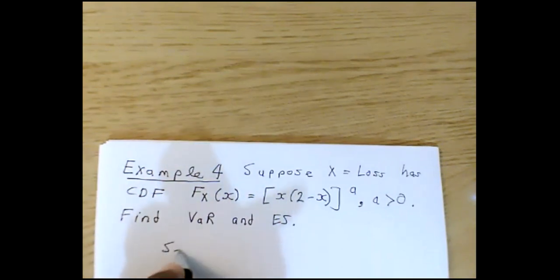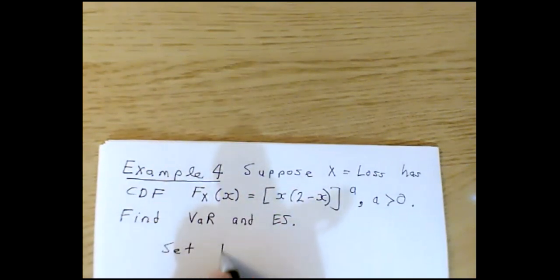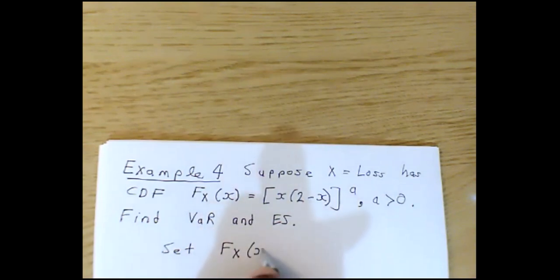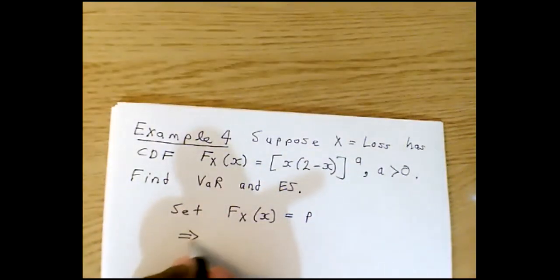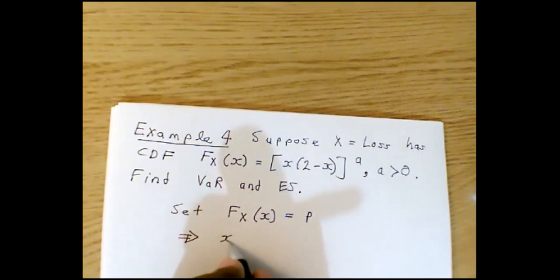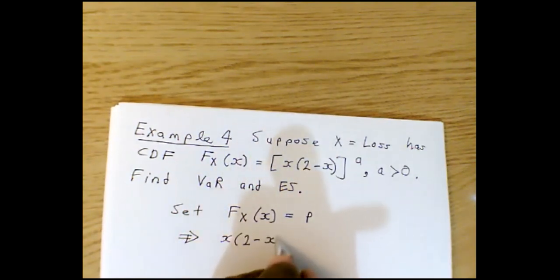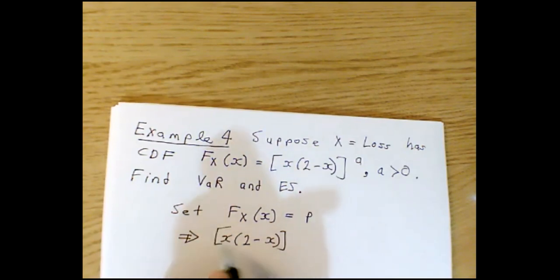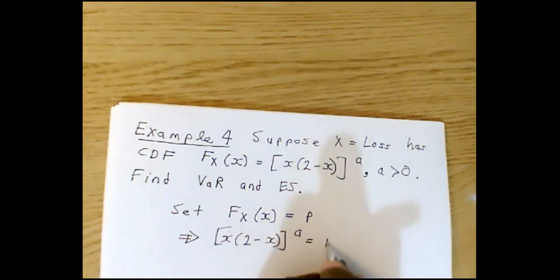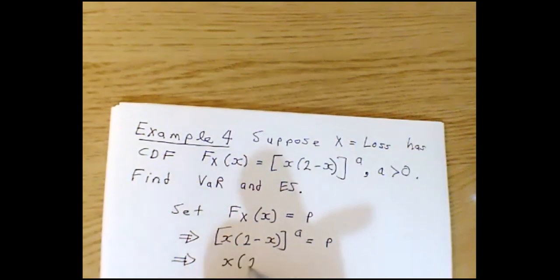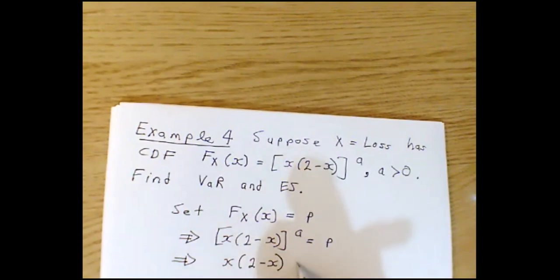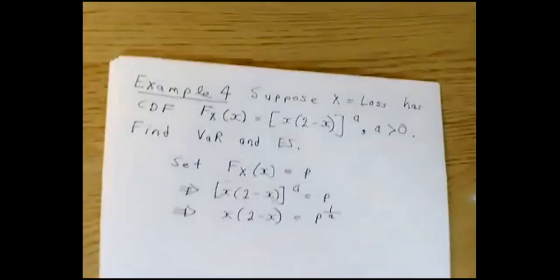So let's first find the value at risk. So you set the CDF equal to p and solve for x in terms of p, right? So this is equal to p, and this implies that x times 2 minus x is equal to p to the power 1 over a, right?